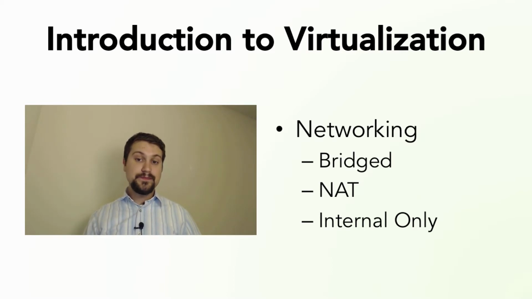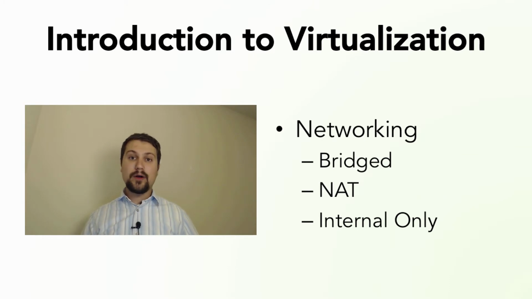You have bridged, which means that the VM is going to share the NIC of the physical hardware, whether that be a wired-in module or a wireless NIC. Both your host PC hardware and the VM will have two separate IP addresses, and the hypervisor will maintain that communication so both can actually talk out to the network.